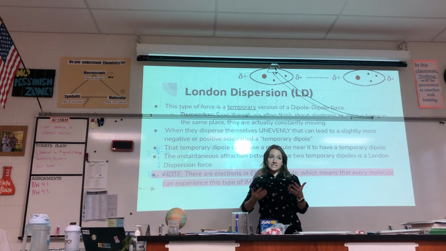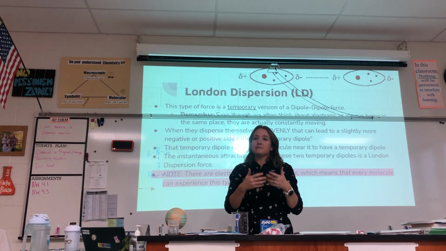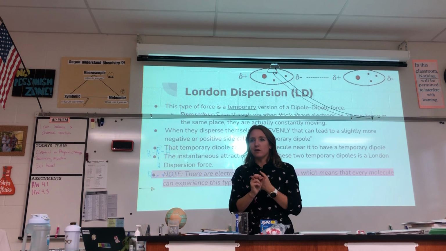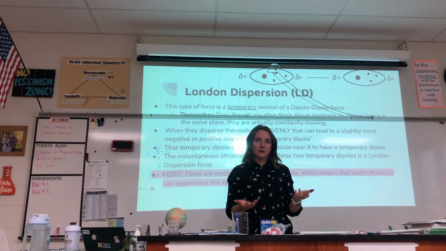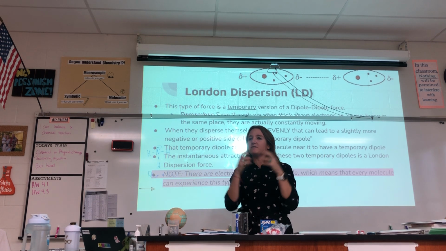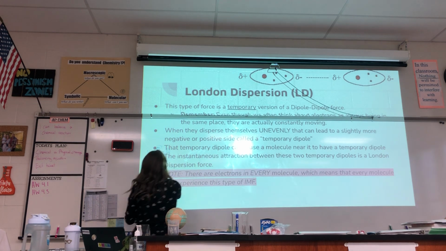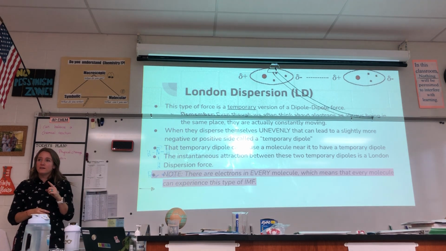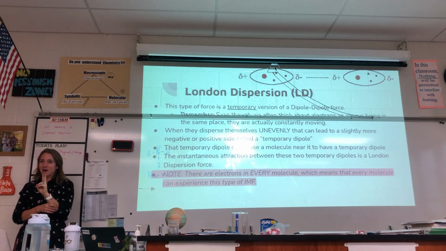But it's what justifies to us that even things that don't have an attraction can at times become a liquid or a solid. Because if things didn't have IMFs, they would never become a liquid. There'd be no reason for them to come together if there wasn't something holding them there. Okay? So the way I identified this one is if it's nonpolar or if it just has electrons.